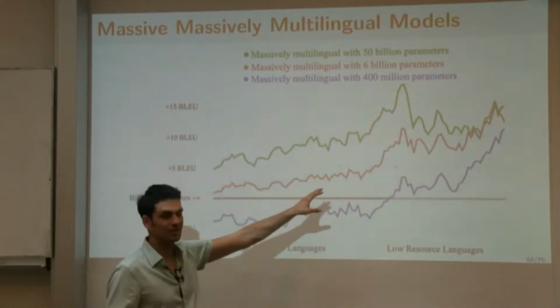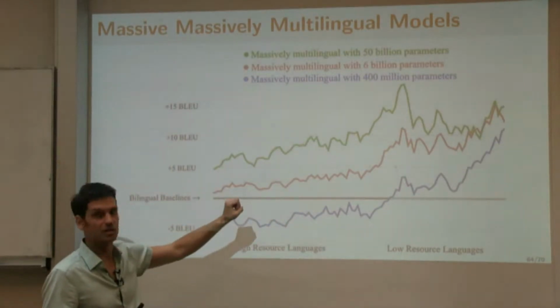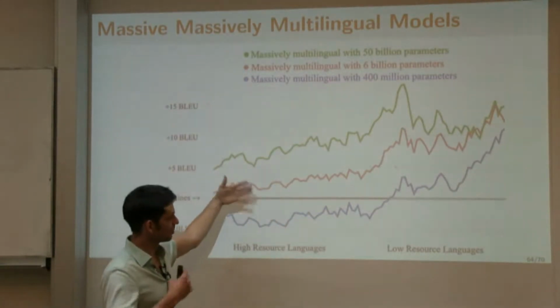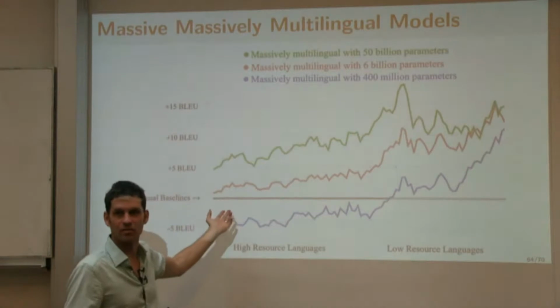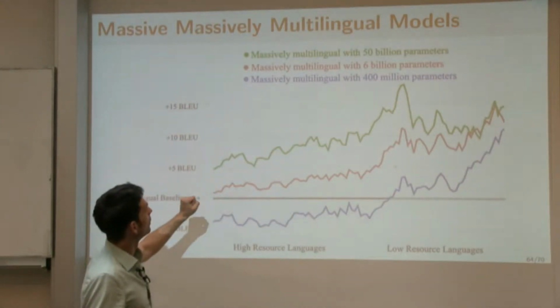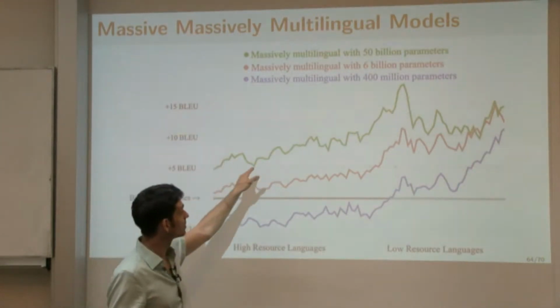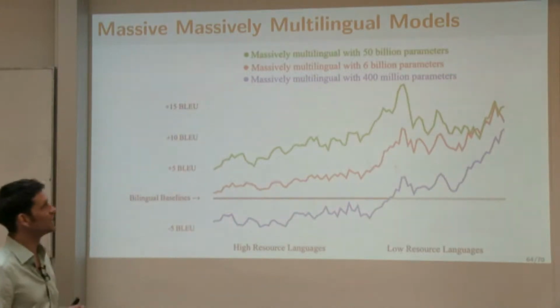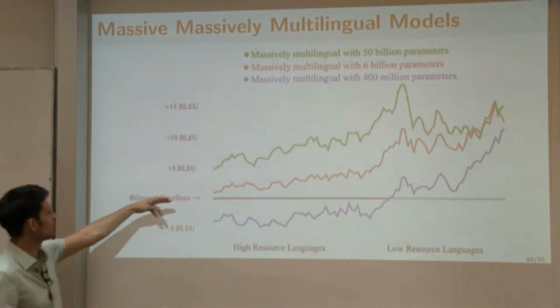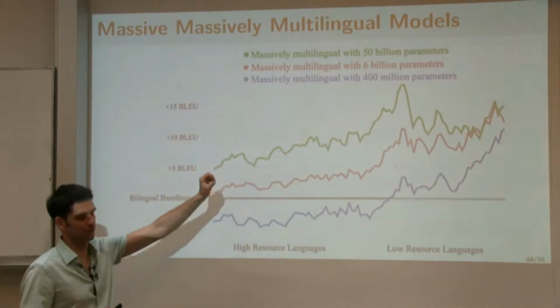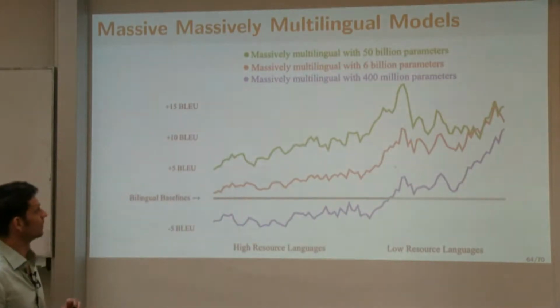If you go to the 6 billion parameters, then you can avoid the loss on the high resource languages. And then if you do further tricks, and go up to 50 billion parameters, then you can get up to 5 BLEU points even on the high resource languages.